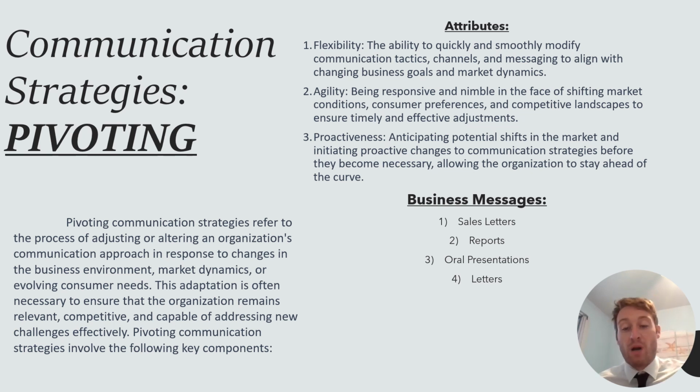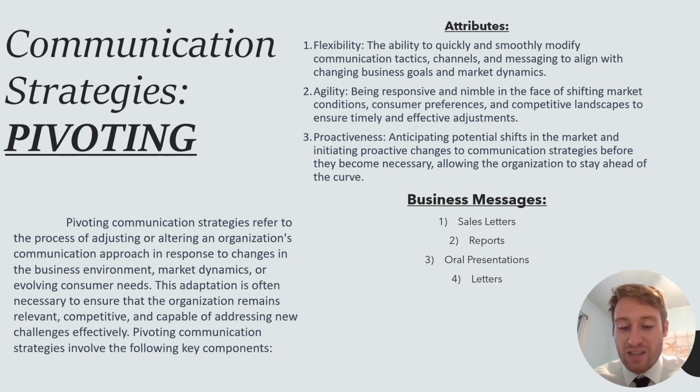So we're going to go over some of the attributes of this method. Number one would be the flexibility, right? It's super flexible. We are able to quickly and smoothly communicate. So we can have different tactics, different channels, and we can align with the business goals as they change. Second would be agility, right?